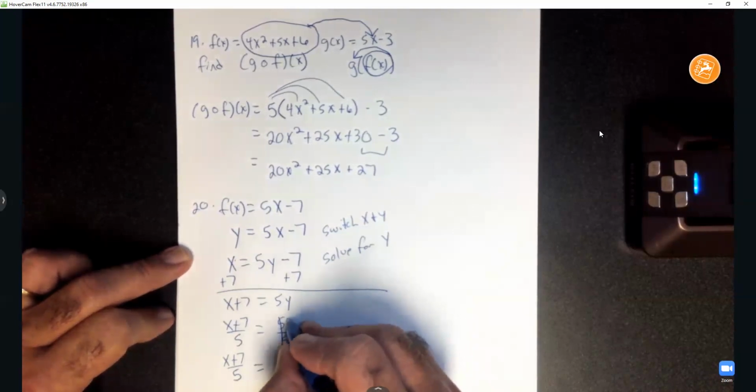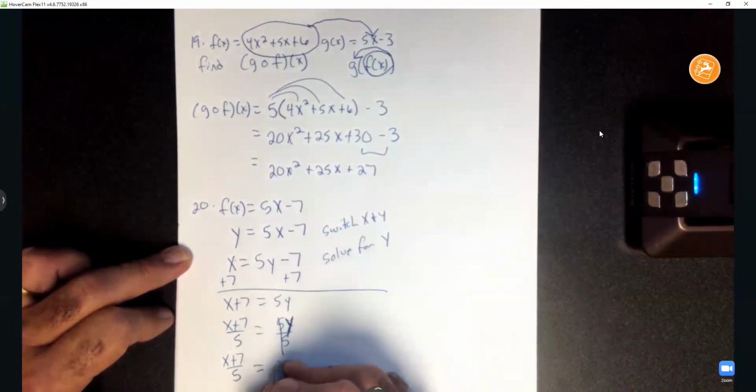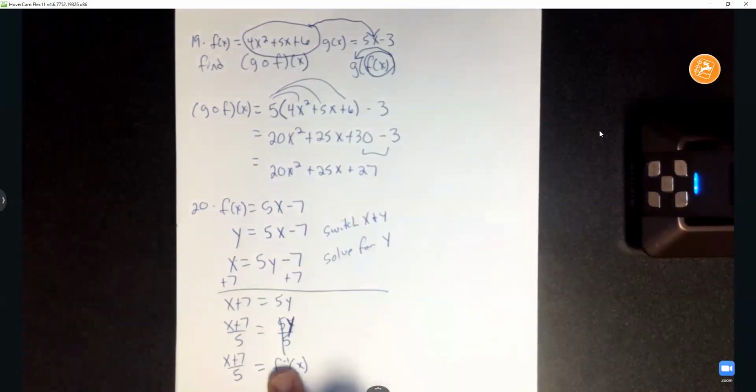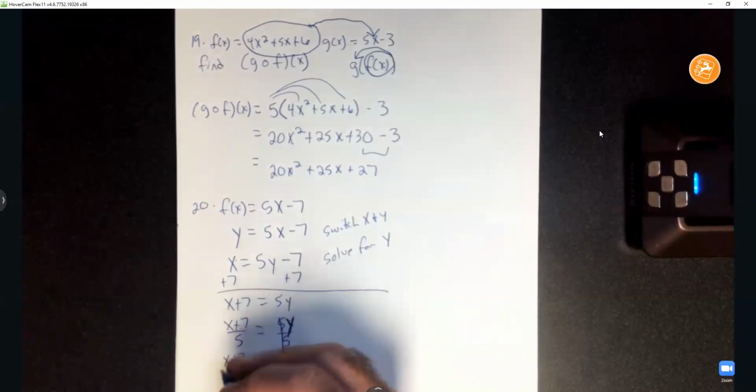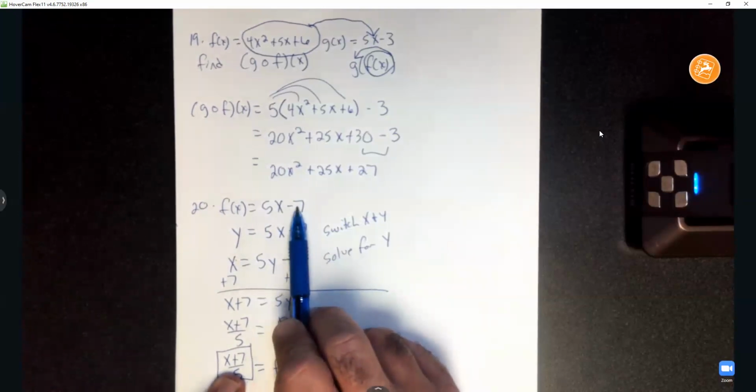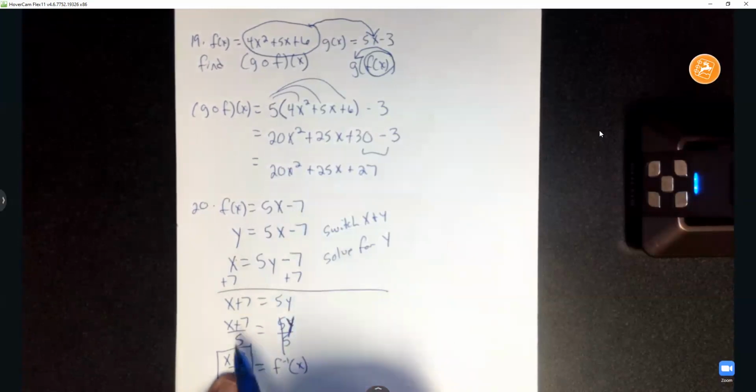And remember what they do now, instead of putting the y for the answer, they use the f inverse, which is the f negative 1 of x. All we're looking for is the x plus 7 over 5. So notice these inverses, they got the opposite operation. So subtraction became addition.